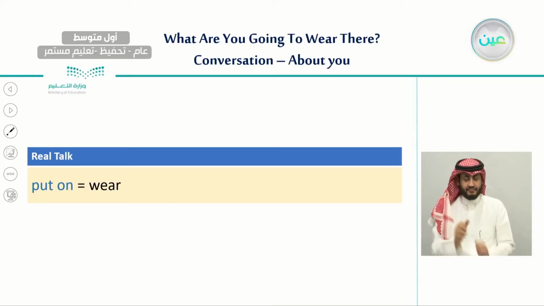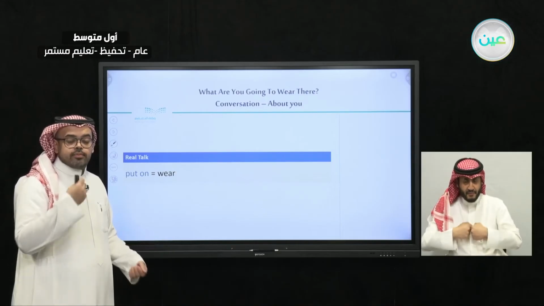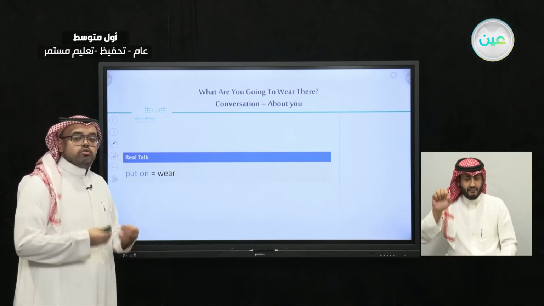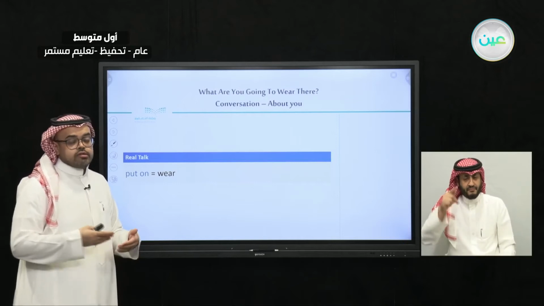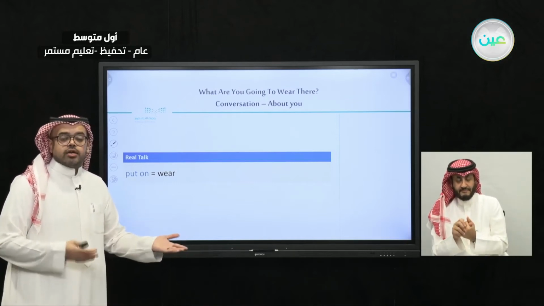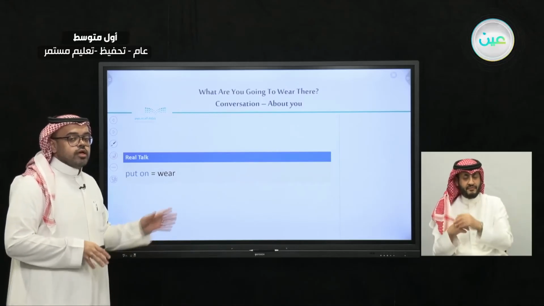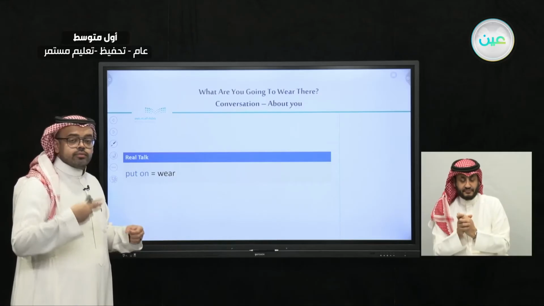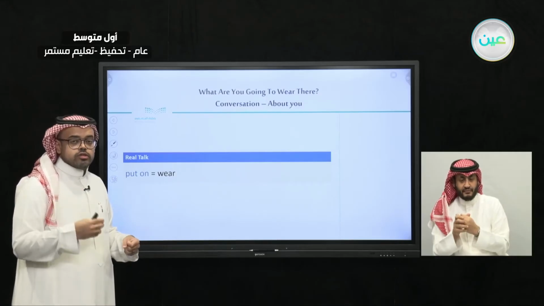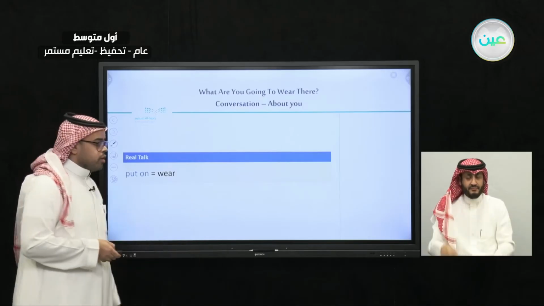So you can say, for example, I am wearing a thobe, or you can say I'm putting on a thobe. You can say to put on a jacket or to wear a jacket. Both of them are right. But it's important that you know that you can use the verb wear twice, whether with put on or with wear.